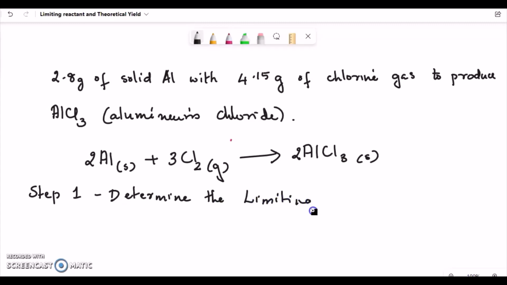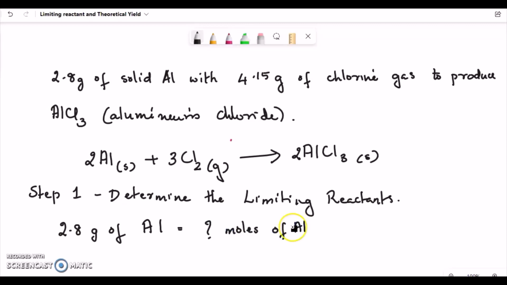For this, we have to convert the grams of aluminium and the grams of chlorine gas to moles of each. So 2.8 grams of aluminium is equal to how many moles of aluminium?